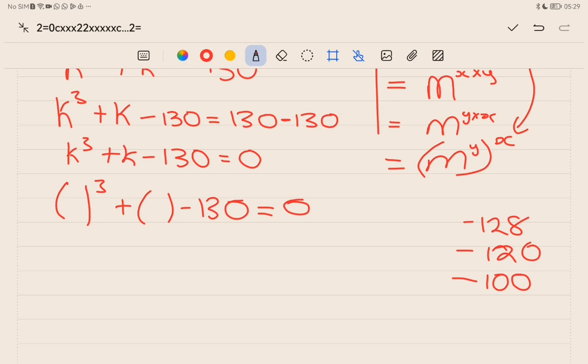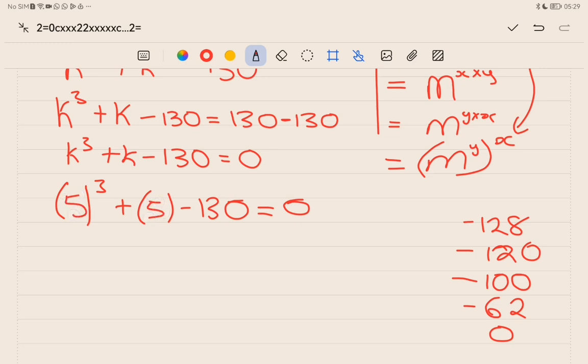Then when I substitute 4, it gives me negative 62. Then when I substitute 5, it gives me 0. So 5 is the one that we want.